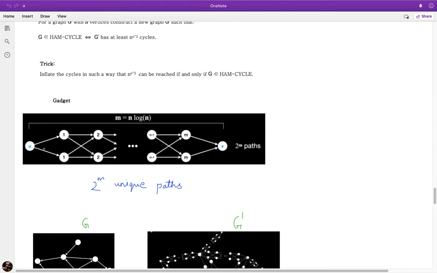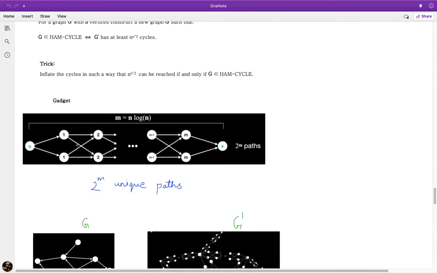So what we are going to do here is, if a graph G has a path from U to V, then in the new graph G dash, we put two m vertices in between, and we have edges between all of them.